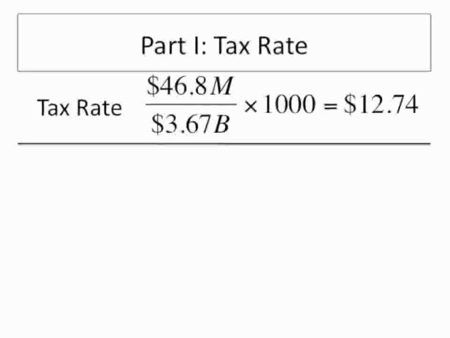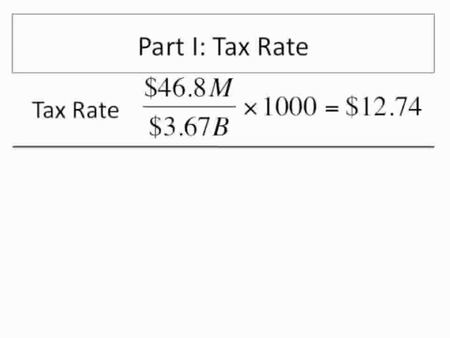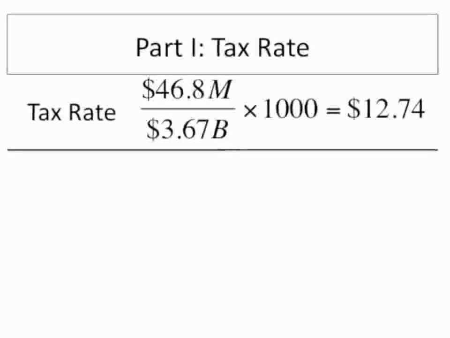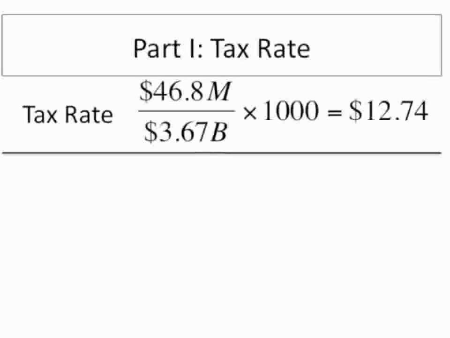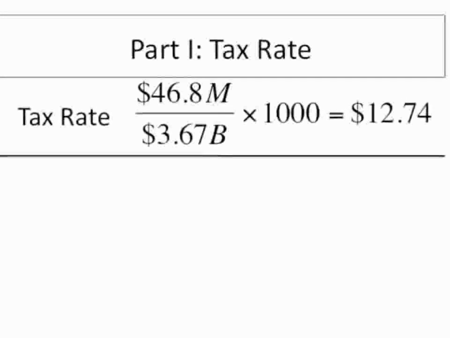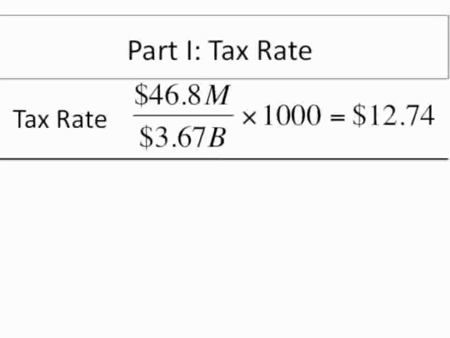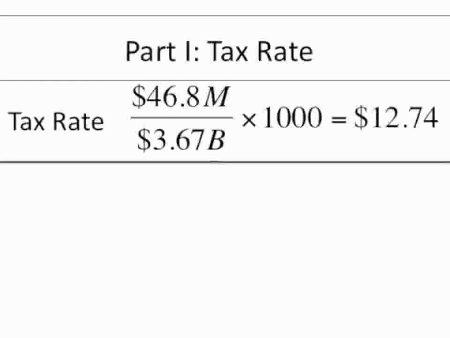In this particular tax year, the levy is $46.8 million, and the tax base, the total of all the taxable property, is $3.67 billion. You divide one by the other, multiply by 1,000, and you get the tax rate, which is $12.74.